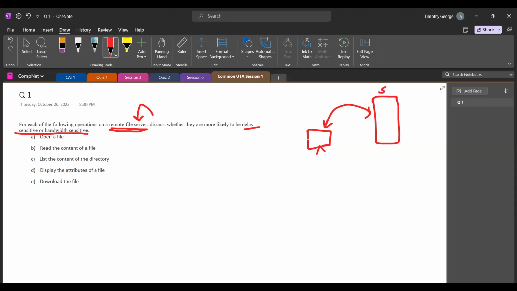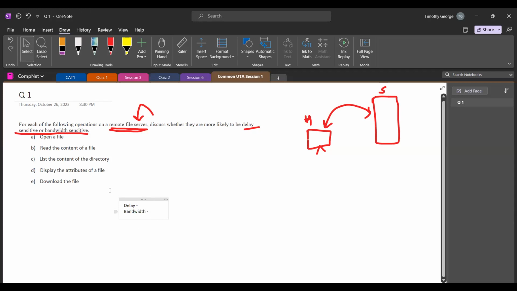So you have server and you have host. And the question we are asked is to discuss whether they're more likely to be delay sensitive or bandwidth sensitive. What does that mean? What is delay? And when is it bandwidth?